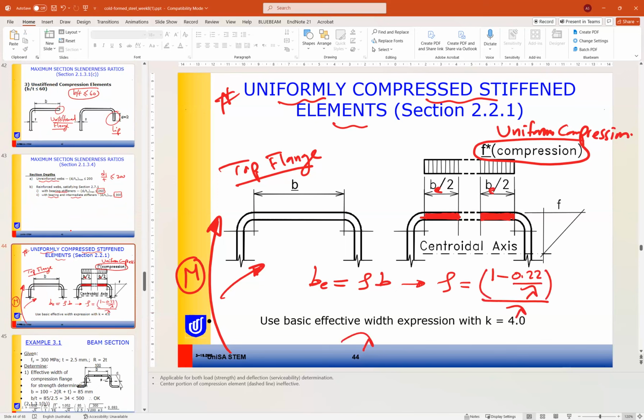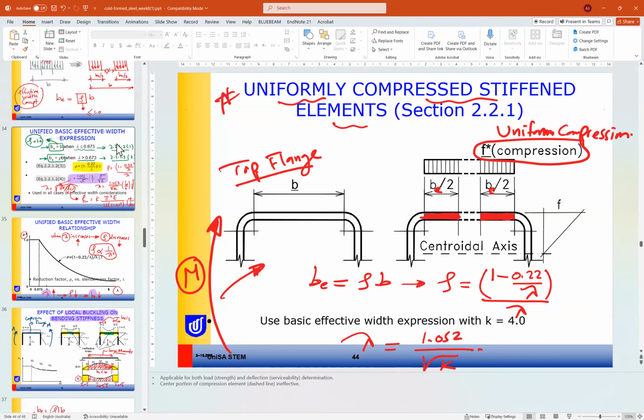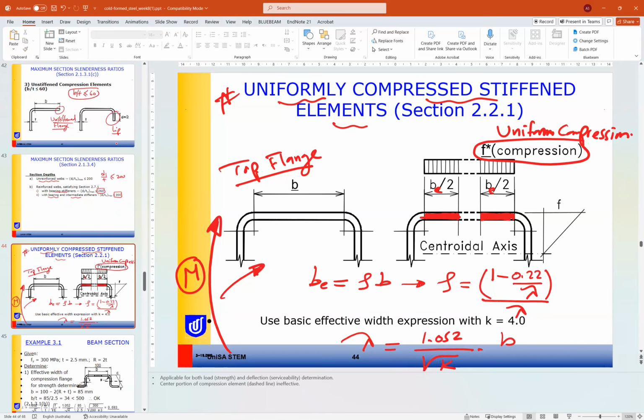And then you find lambda equal to 1.052 divided by root k multiplied by b over t multiplied by root f asterisk divided by E, where f asterisk is the applied compression stress on the flange.